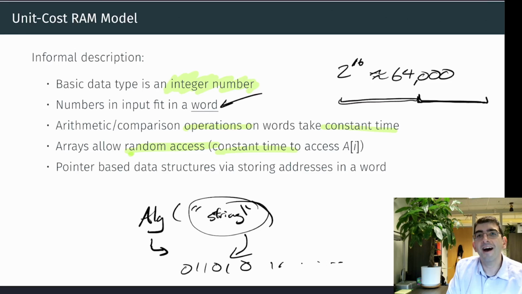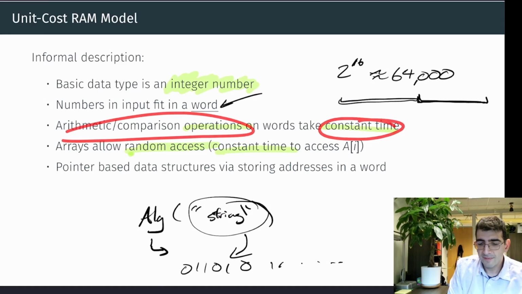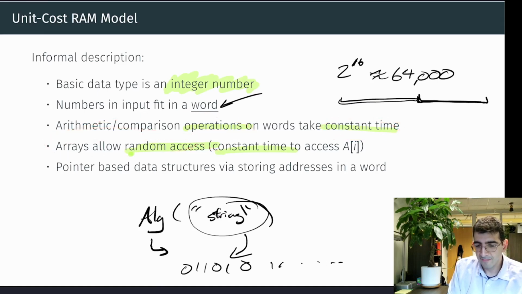Again, not necessarily true, definitely not true with modern computers, but we have to simplify things in order to make any sort of logical comparisons, in order to have any hope of comparing algorithms and figuring out what's best. We need to simplify, and in this case, we simply say arithmetic and comparison operations take constant time, and memory access takes constant time.